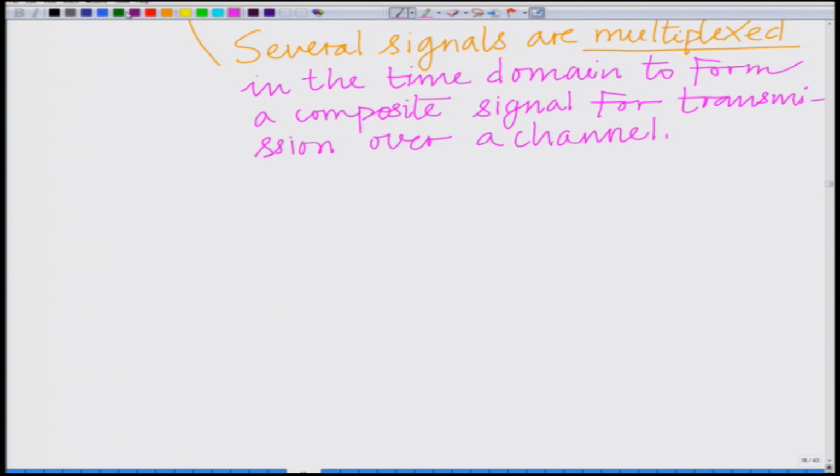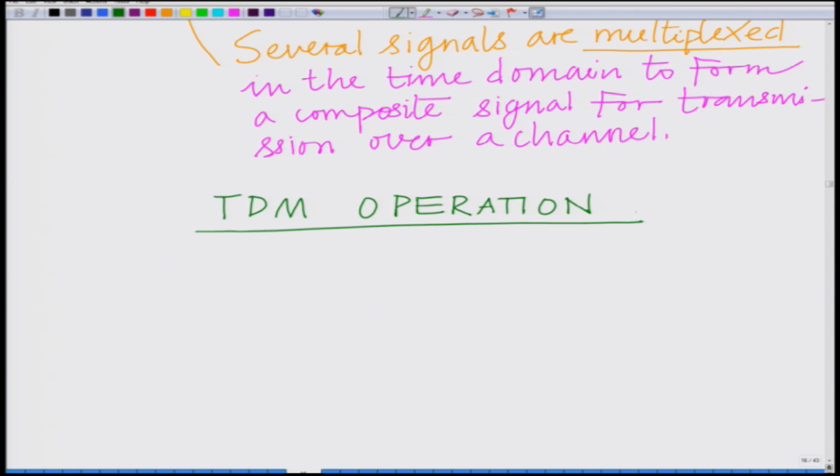Now let us look at the operation of TDM.